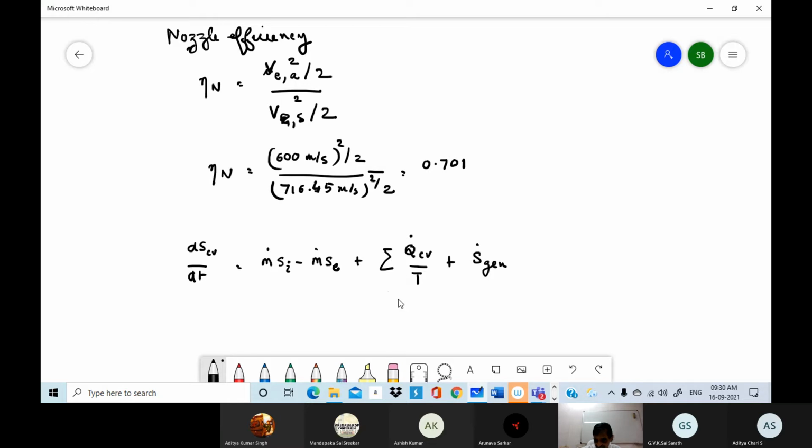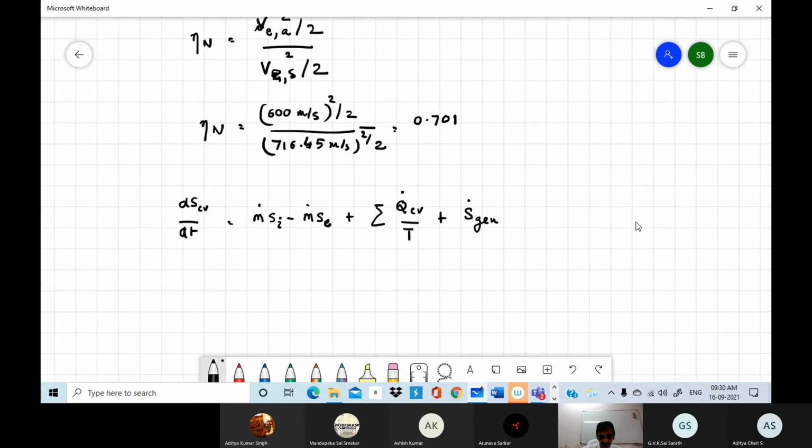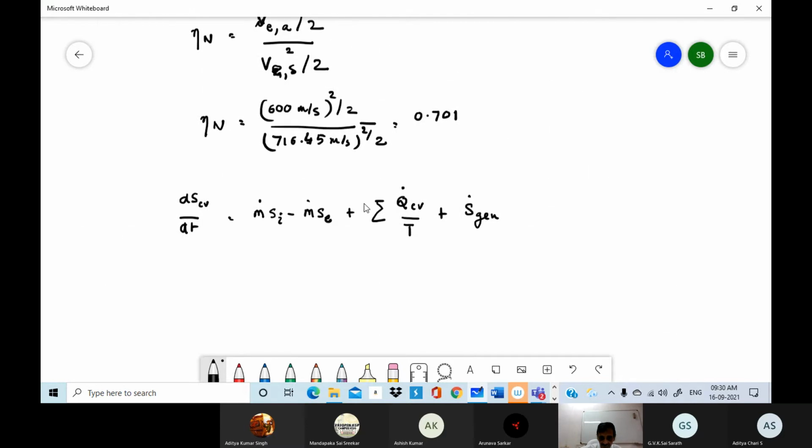Now, since no information is given, if I assume that there is no heat loss, in that case, if I look at this equation, let's say I have steady state. And I assume the expansion is adiabatic.